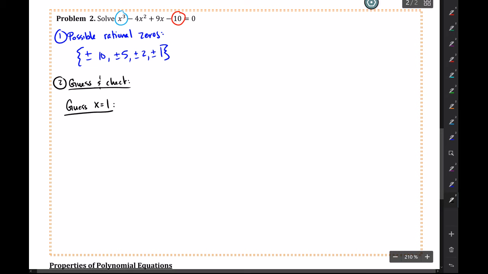To do that, you would just put x equals 1 there. And I'd have x cubed, x squared, x to the 1, and x to the 0 as my placeholders, and I'm plugging in the coefficients: 1, negative 4, 9, negative 10.